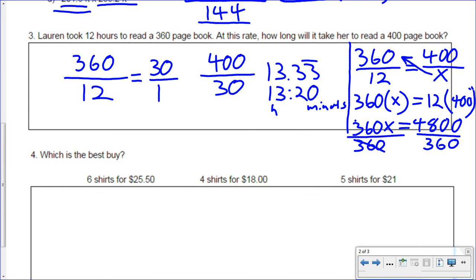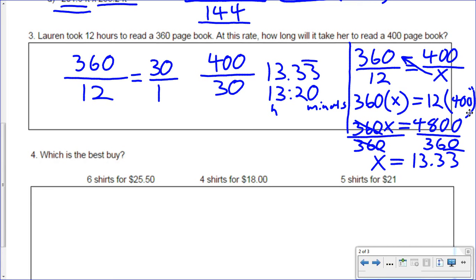We know 360 divides to 1, so we're just going to have 1x now. And 4,800 divided by 360, indeed, is 13 1/3, or 13.33 repeating hours.